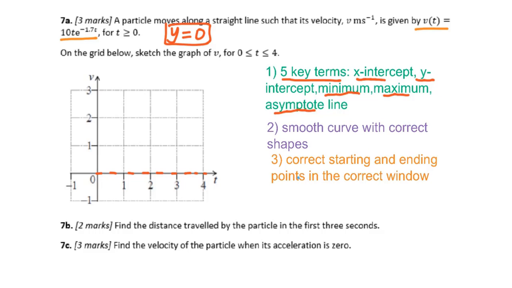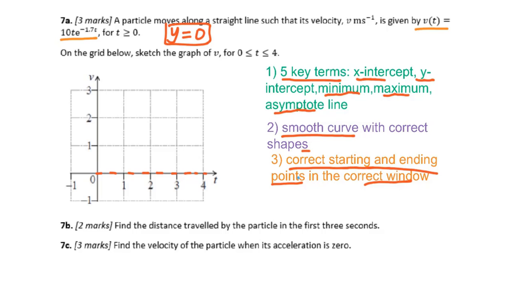Second one, you have to make sure your graph is a smooth curve with correct shapes. And also for HL level, you have to make sure you have correct starting and ending points in the correct window. Most of the time in HL level, they give you the correct window. In other words, the coordinate plane was set up for you.